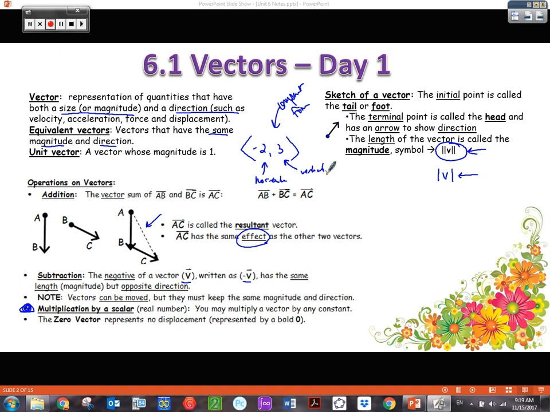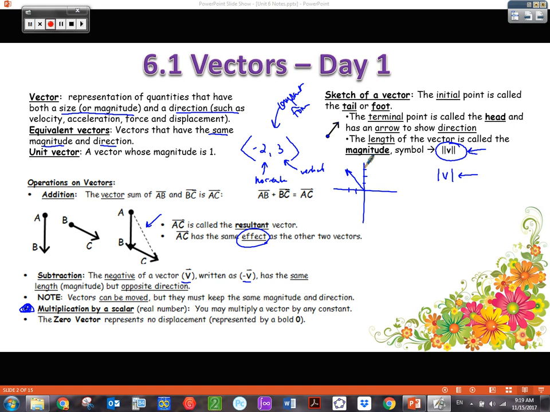So if I'm going to draw this vector, I would go left 2 and up 3, and that's where I would put the head of the vector. That would be this vector drawn at the origin. Do I have to draw it at the origin? Absolutely not. I can draw it wherever I want to.